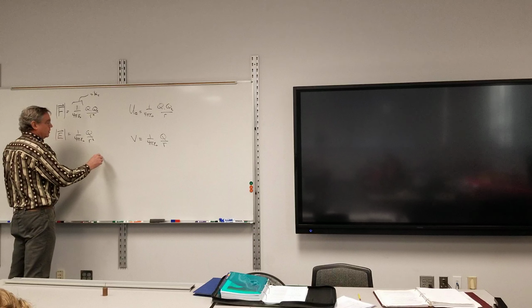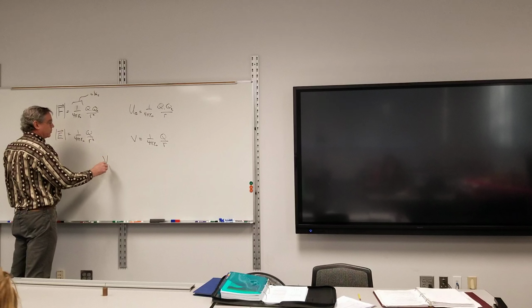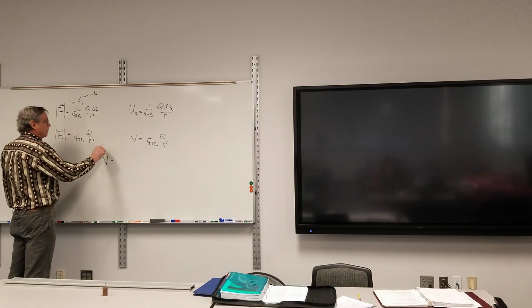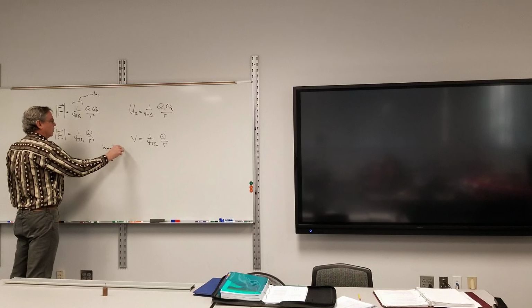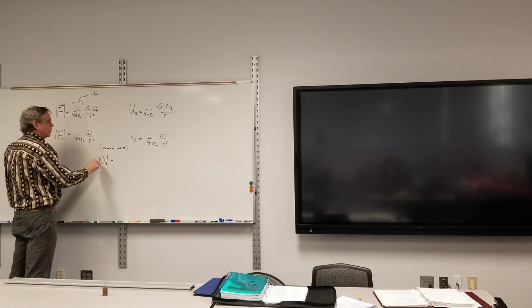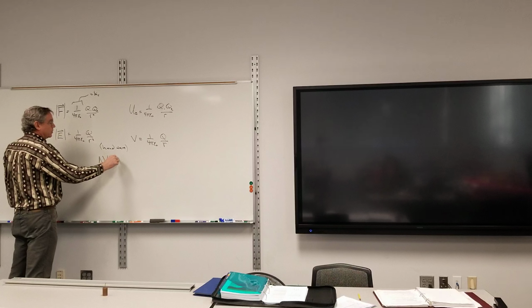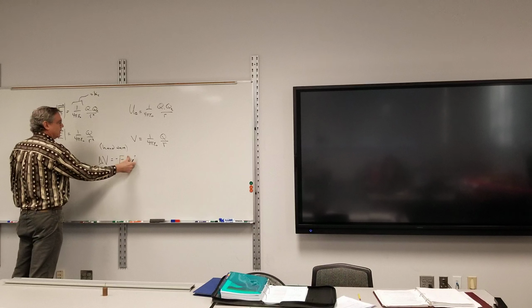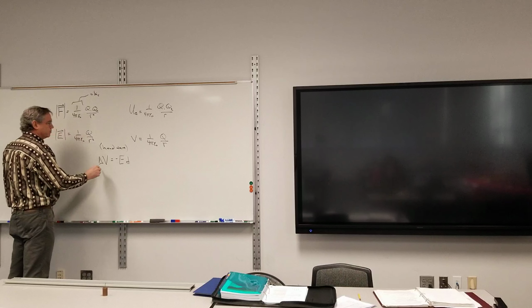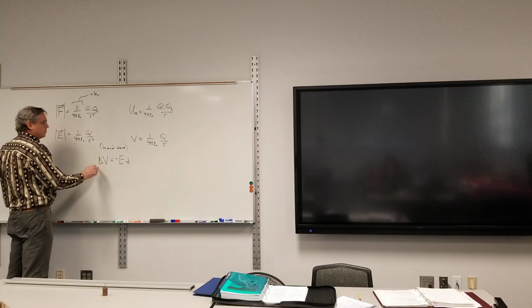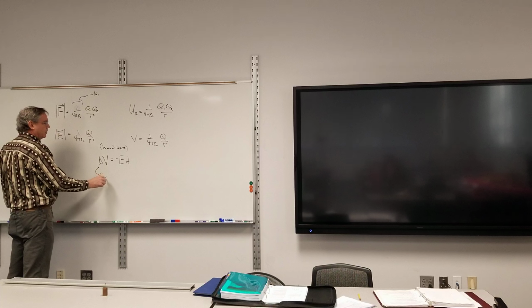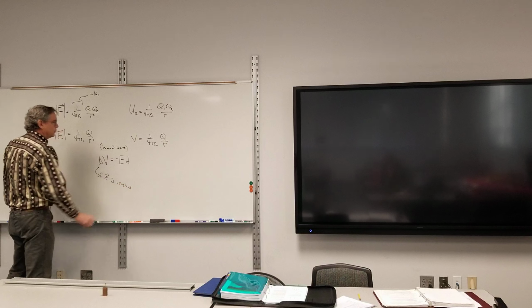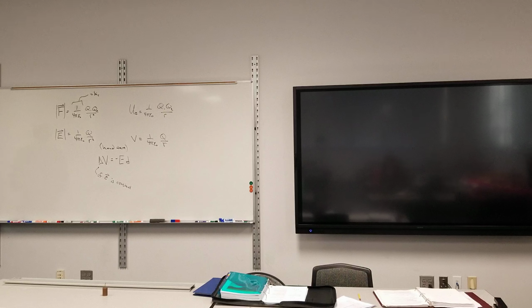I know that the electric potential, the voltage, is going to be equal to negative E delta, actually let's stick with PD, if the electric field is constant. So I just take the electric field, multiply times the distance.